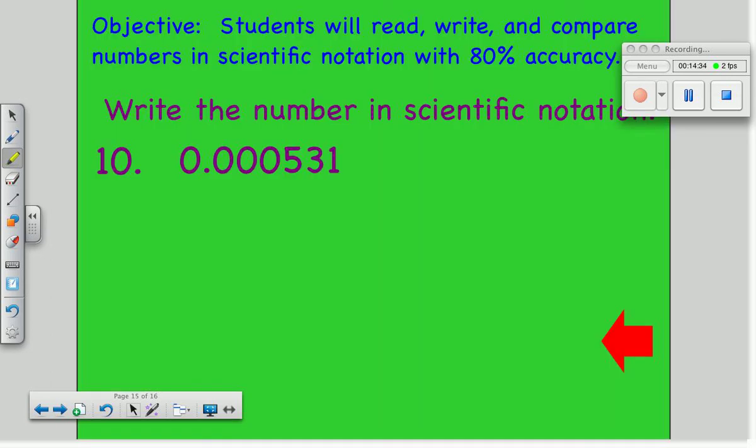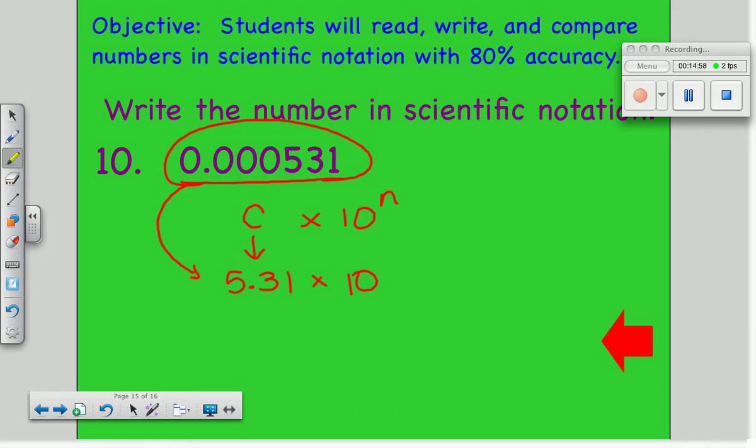And the last one. Now this one. So again, C times 10 to the power of n. C. Let's change this to a number between 1 and 10. So we're going to put the decimal between the 5 and the 3. Now, the n. How do I determine that? Well, this time, this number, its value is less.